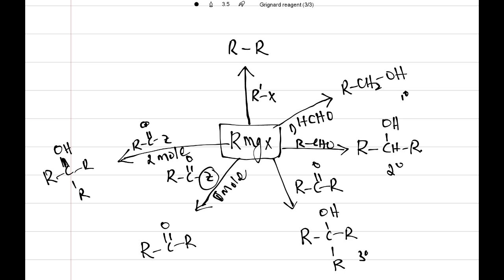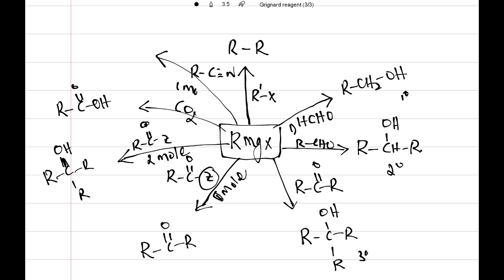Okay, now when it is reacting with carbon dioxide, we can get the carboxylic acid. When it is reacting with cyanides, simply RC triple bond N, with 1 mole of Grignard reagent we get ketone.